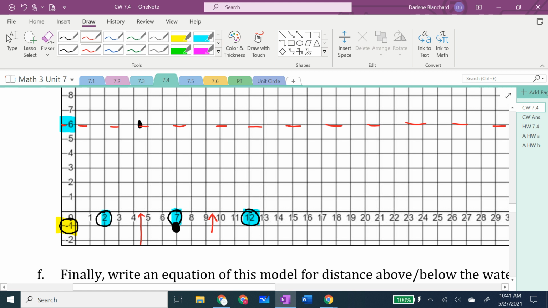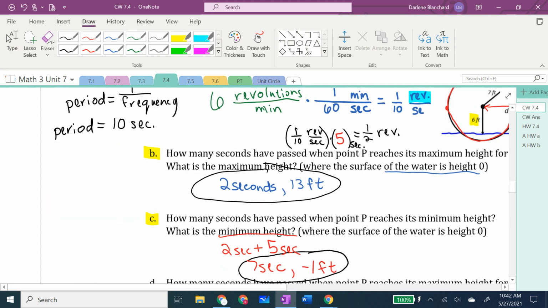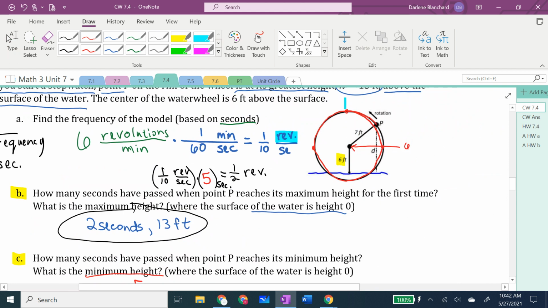In fact, do you see that it's 2.5 seconds to go from a high point to the midline, and then to go from the midline to the low point, and so on. Because remember, we figured out it took 5 seconds to go from the top to the bottom.